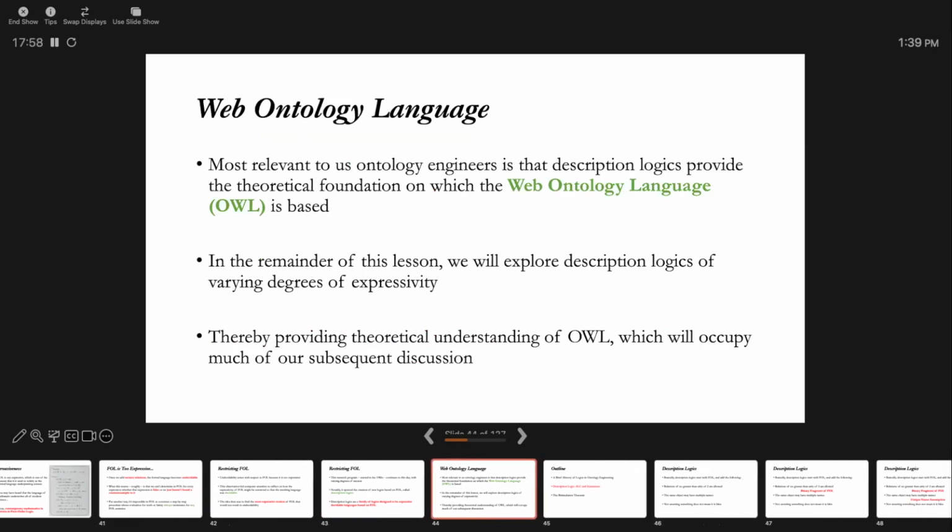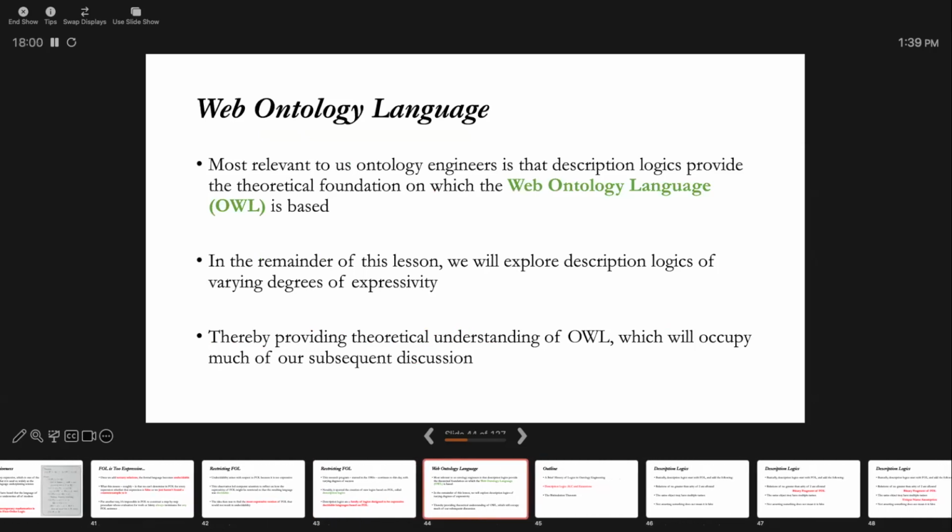So most relevant to us as ontology engineers is that description logics provide a theoretical foundation on which the web ontology language is based. And OWL is what we use for the most part, but we'll talk much more about that in the next lecture, where I'll tell you the history of RDF, RDFS, and OWL. But this is the language we use to represent logical relationships in ontologies. And it's a W3C standard. It's very widely used. This is our baby.